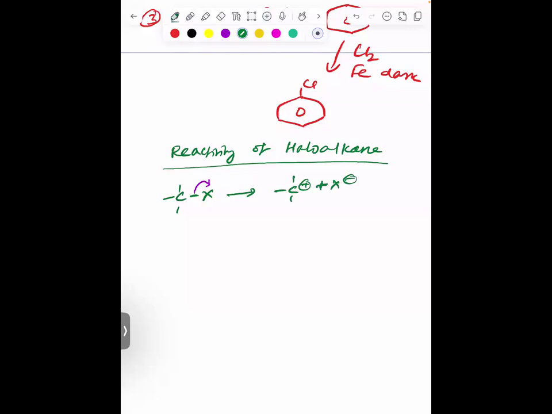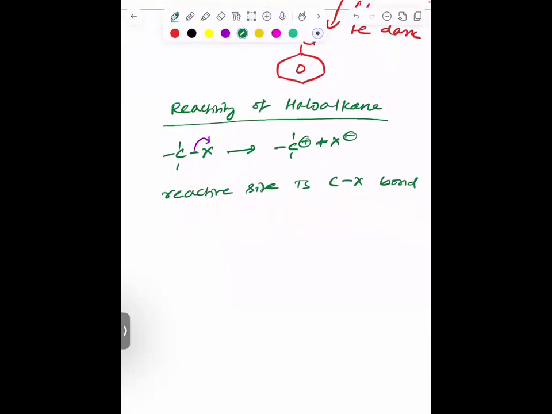The reactive site is the C-X bond, which has to be dissociated heterolytically.